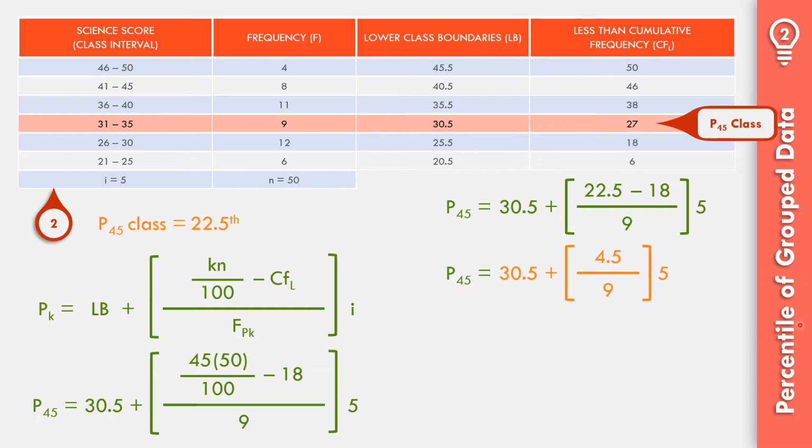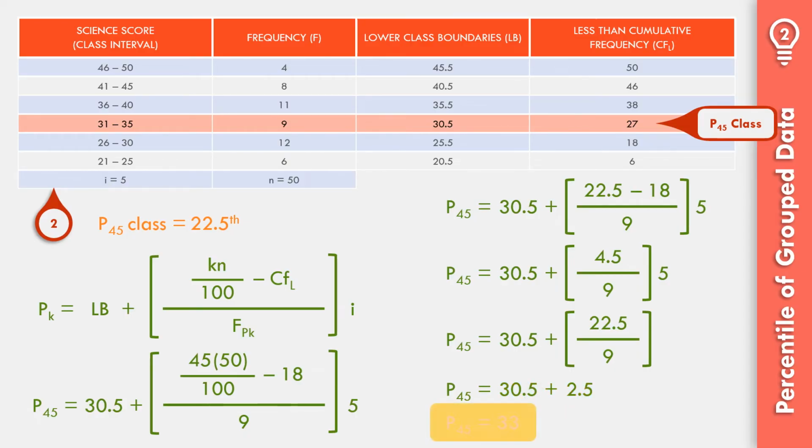So p sub 45 is equal to 30.5 plus 4.5 times 5, the answer is 22.5, copy the denominator 9. So 22.5 divided by 9, the answer is 2.5. So if we add 30.5 plus 2.5, the p sub 45 equals 33.